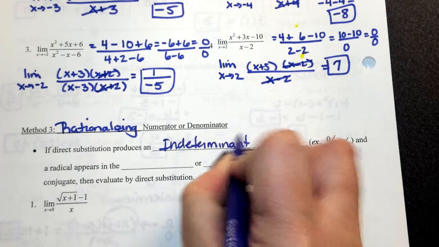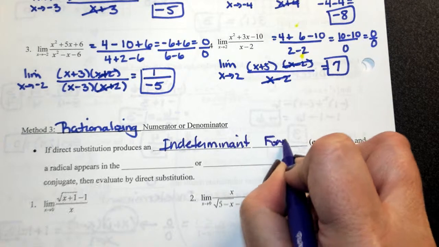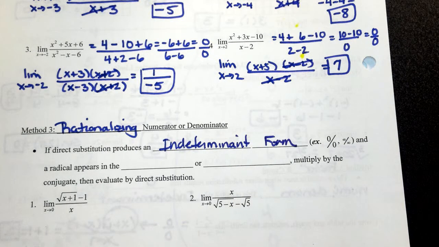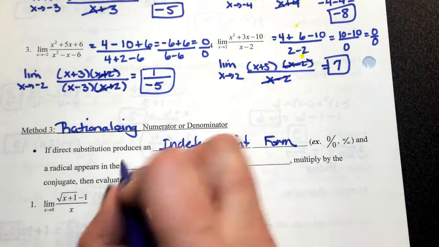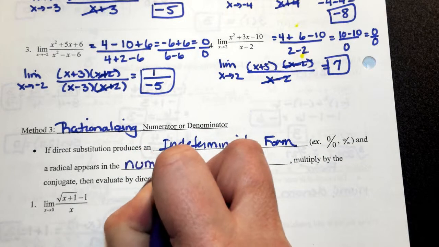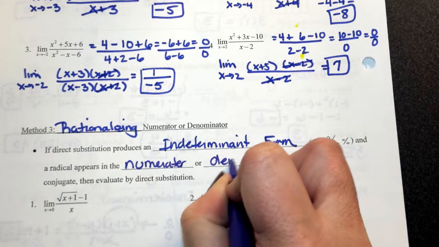So again, you still always do direct substitution. If you get that indeterminate form, which means 0 over 0, but later on we'll talk about infinity over infinity. But right now we'll just be looking at 0 over 0. And a radical appears in the numerator or denominator.